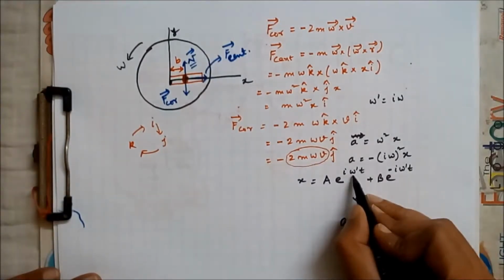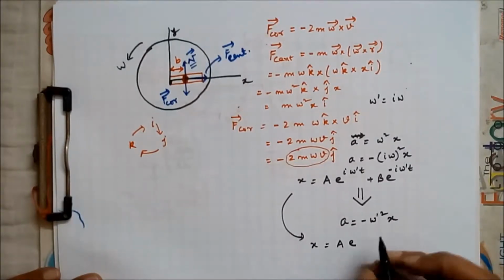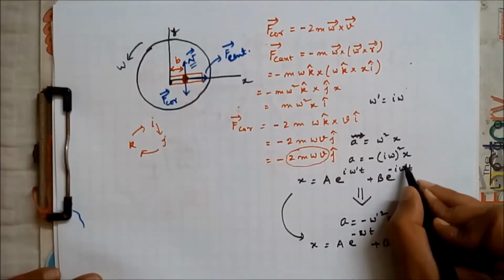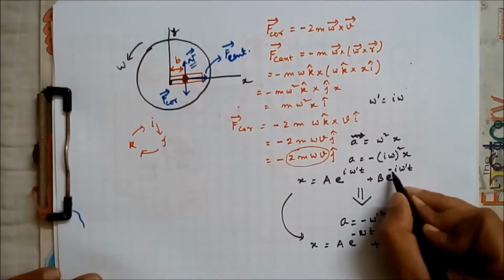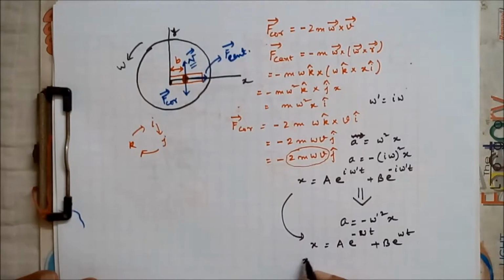Now omega primed being equal to i omega, we can say that x equals a e to the power of minus omega t, plus b e to the power of, minus i times i will give me just plus 1, so b e to the power of omega t. If I do the first derivative with respect to time, I shall get minus omega a e to the power of minus omega t plus omega b e to the power of omega t.